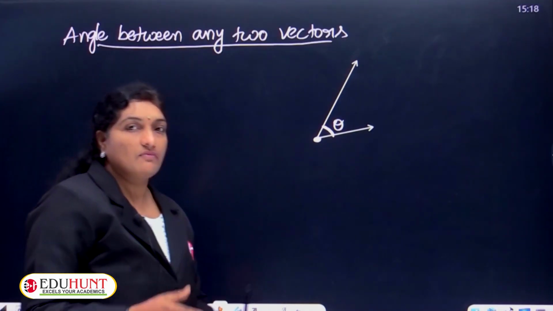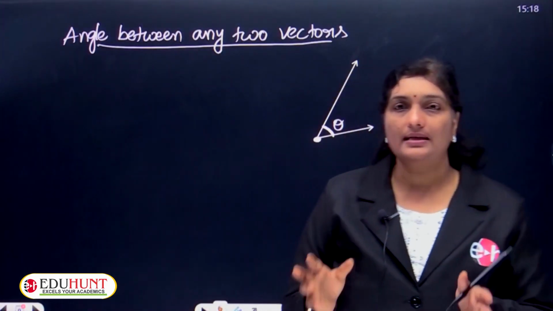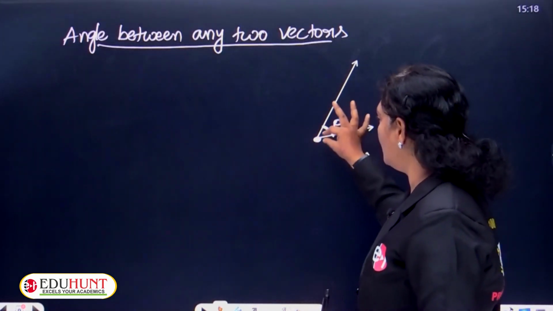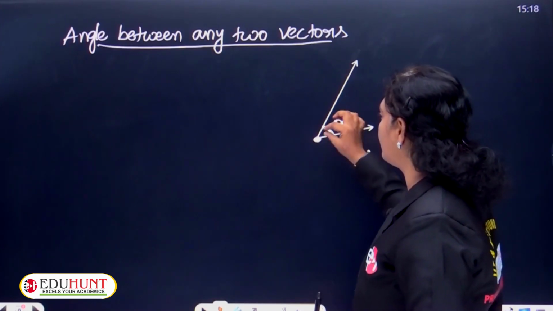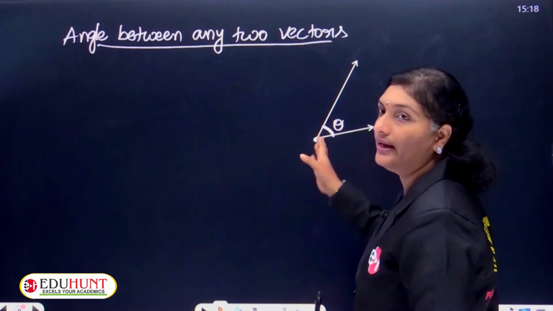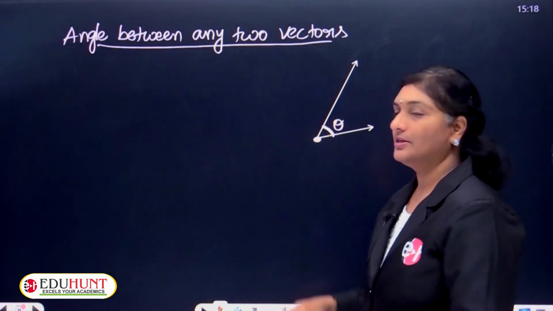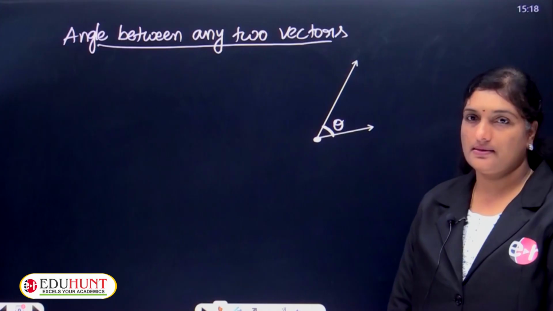Okay. So, the angle between the two vectors can be measured if, from a point, the tails of the two vectors start from the point and move away from the point, then the angle between the two vectors is taken into consideration.